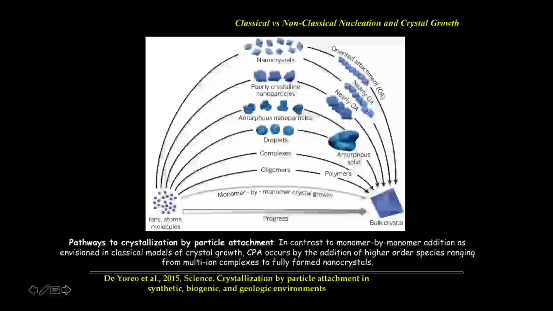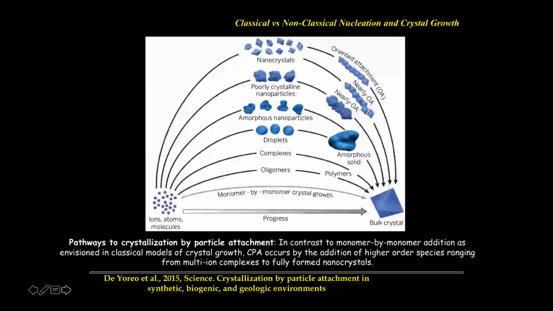The other thing is, typically when we teach about crystallization processes, we look at what could be called classical nucleation and growth, where crystals grow one building block at a time, like bricks in a wall, each atom taking its place in a crystal structure.